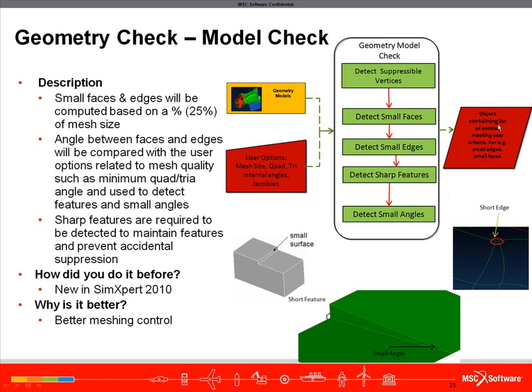You can get an output that contains the list of entities meeting all the user criteria. All of these geometry check enhancements are useful in getting much better mesh control and a much better mesh ready for Nastran solve.